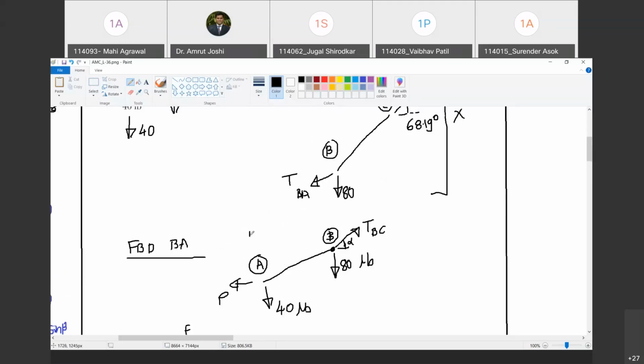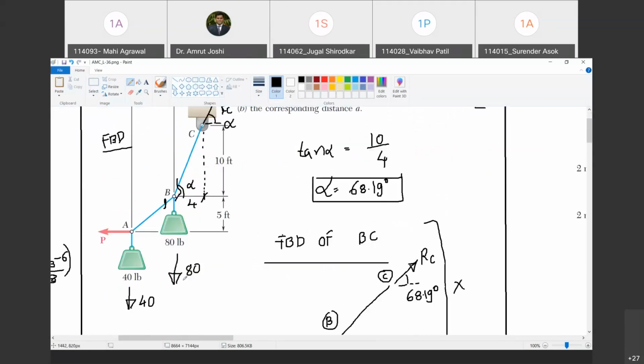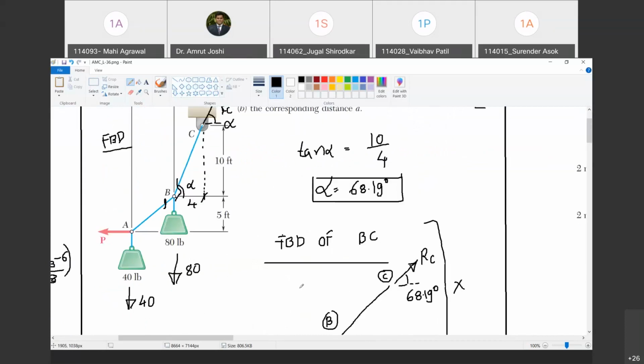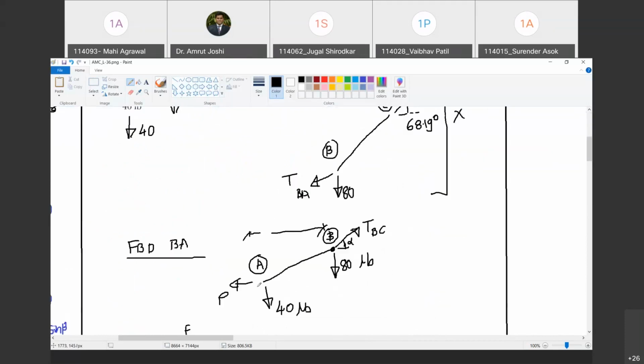This free body diagram is not yet complete because I have not marked the horizontal and vertical distances between points A and B. So what is the horizontal distance between points A and B? It is A minus 4 feet. Do you agree with me?